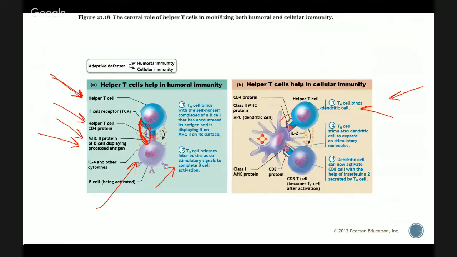Did you see him? Yes. Okay, is this it? Yes. So we form a bond here. We bind to the dendritic cell. When that happens, the T cell will tell the dendritic cell to release co-stimulatory molecules. Right here.